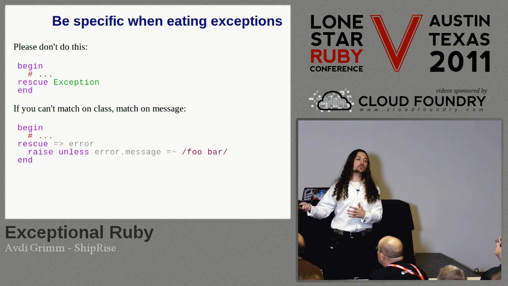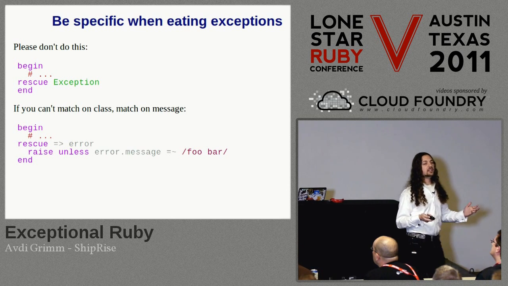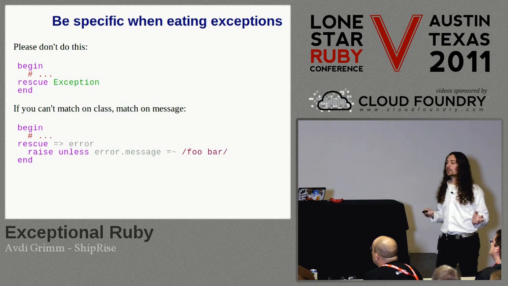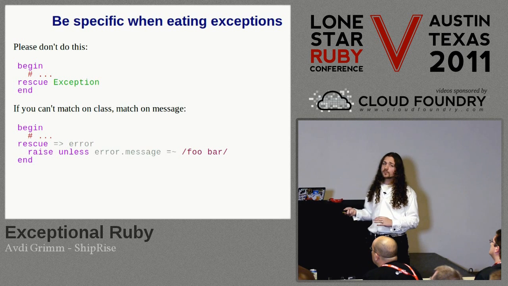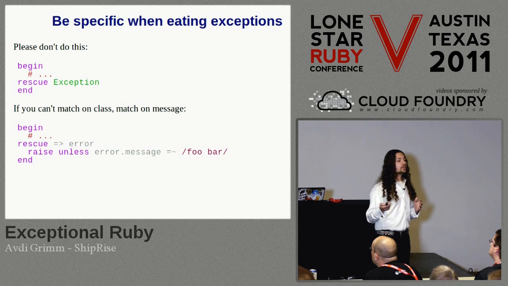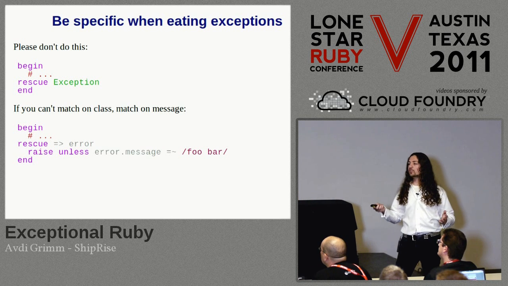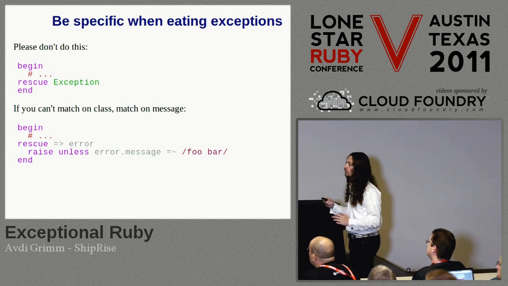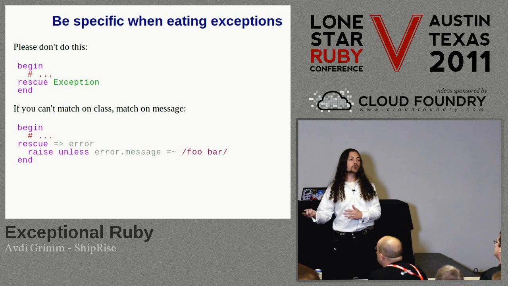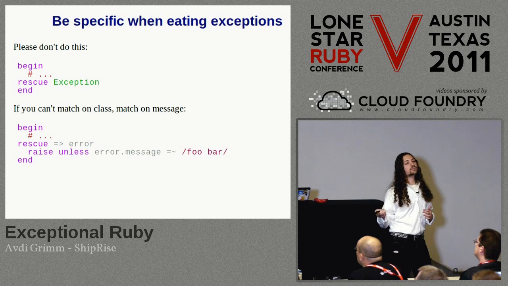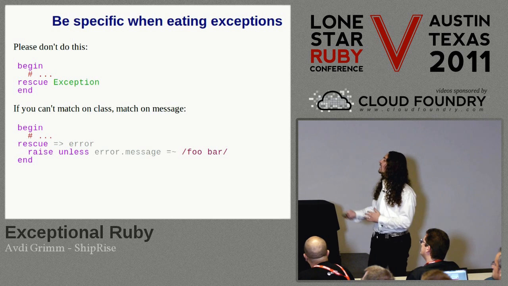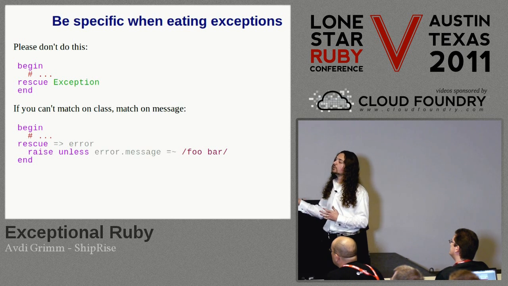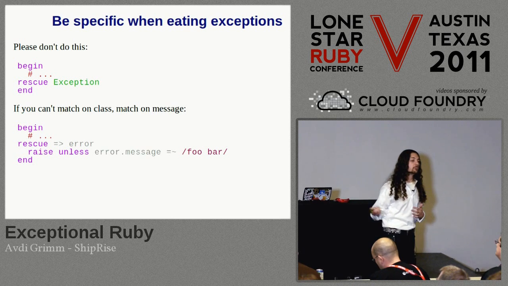And I discover that's because some exception is being eaten by an overbroad rescue. Sometimes you can't avoid putting something like Exception in here just because some piece of software raises a really overbroad exception type. But if nothing else, try to match on something that's unique about that exception. Matching on the message is one way you can do it.